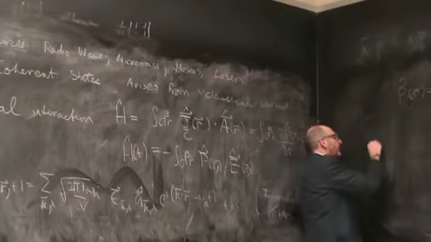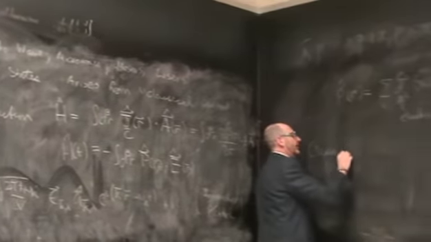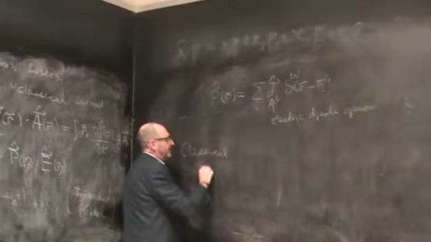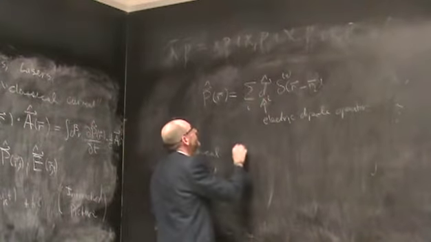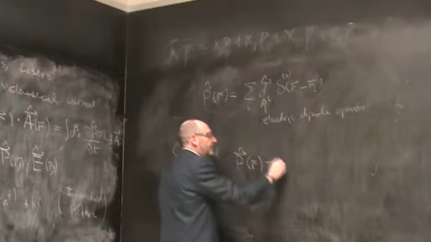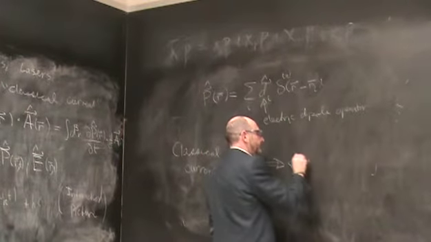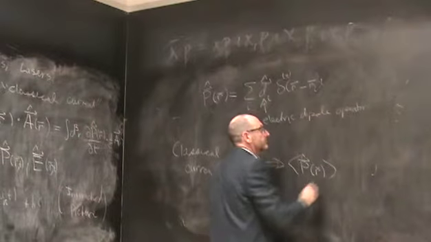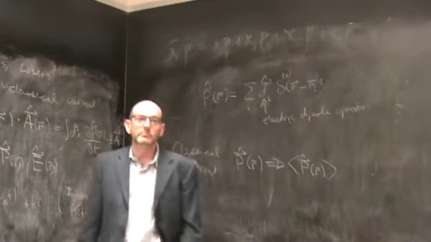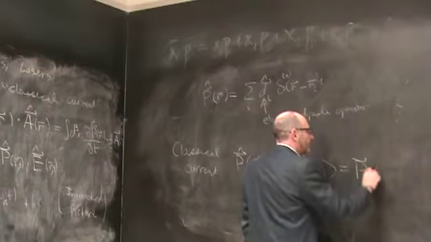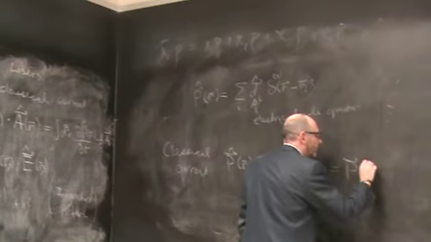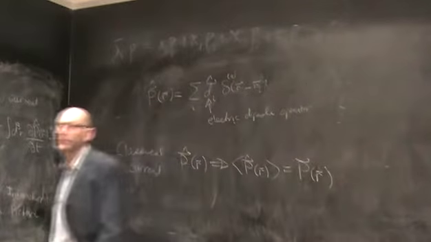So classical current, and in this case classical dipole or polarization current, would say we replace this by its expected value. So this becomes a classical field, not a quantum field.